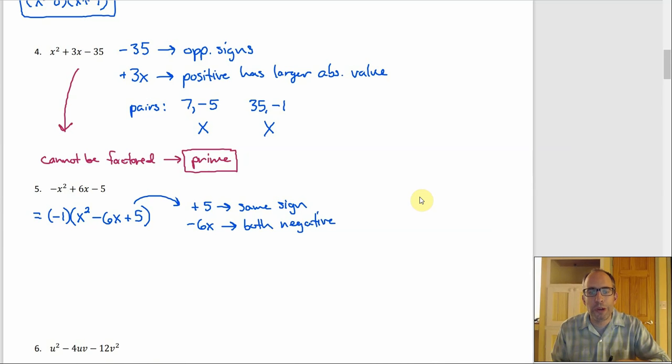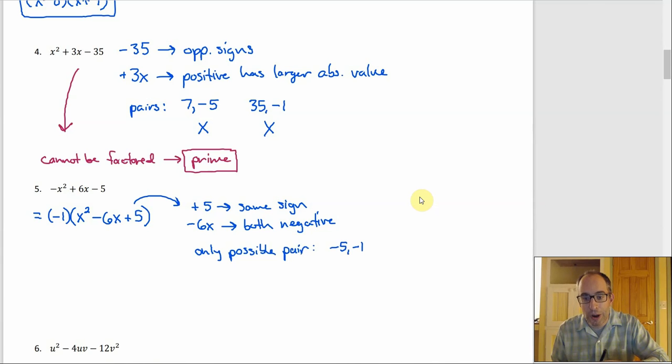There is only one possible option for this, right? Because pairs of factors of 5 are either 5 and 1 or -5 and -1. So really here, your only possible pair would be -5 with -1, which does work, right? If you add those together, you get -6, so we're all good.